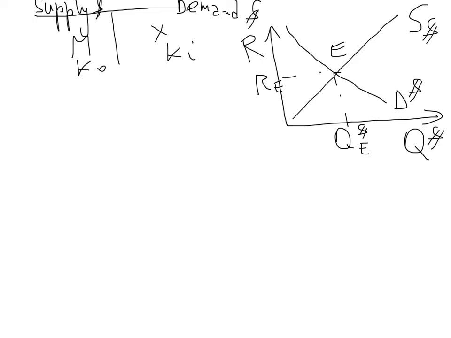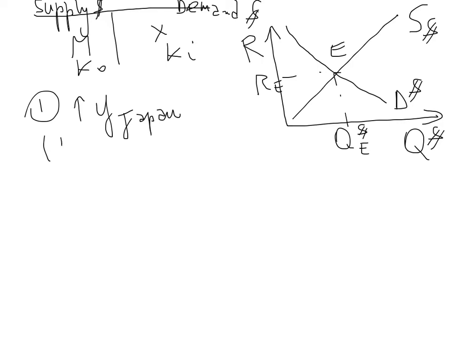For example, case 1. Let's see what we can have. Suppose we have an increase in income in, let's say, Japan. People in Japan make more money. When people make more money, they are going to do what?